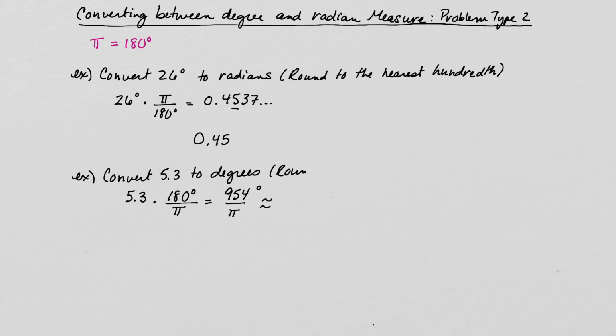So if we put it into our calculator, 954 divided by pi, and again, we're not using 3.14, we're using the actual full value the calculator can have of pi. Obviously, pi never stops, but the calculator can use more than 3.14. We would end up with 303.7 degrees.